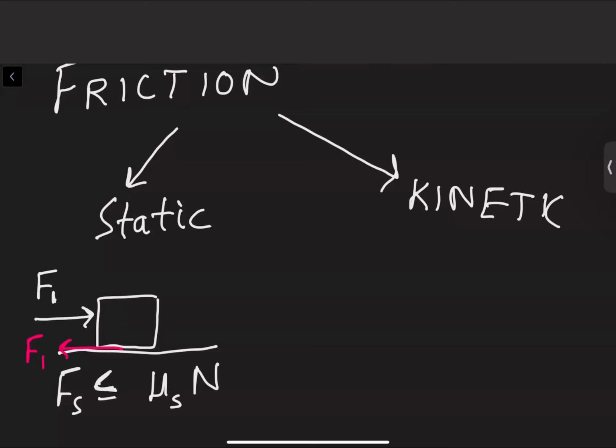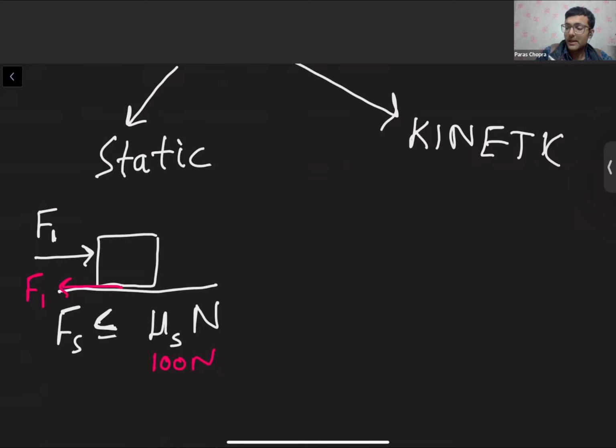If the maximum value of friction is, let's say, 100 newtons, but you are only applying a force of 50 newtons to the right, then the force of friction will not be 100 newtons, because in that case the block would go to the left. So let's say we apply a force of 100 newtons. In that case, the force of friction will be 100.